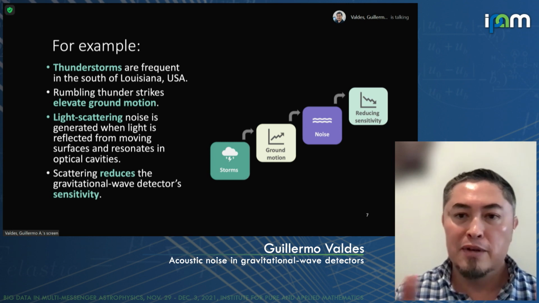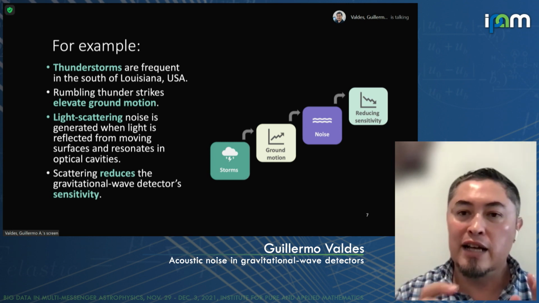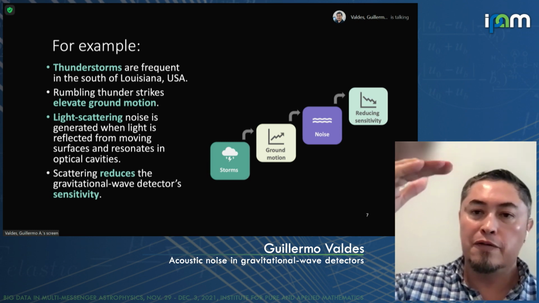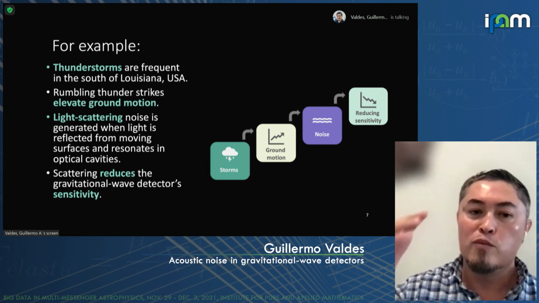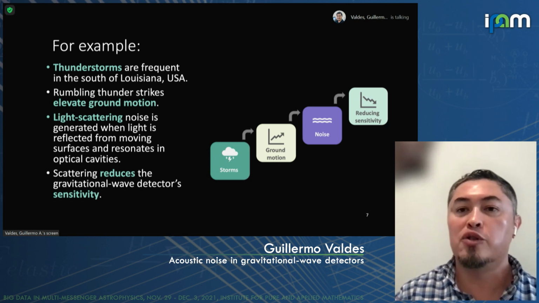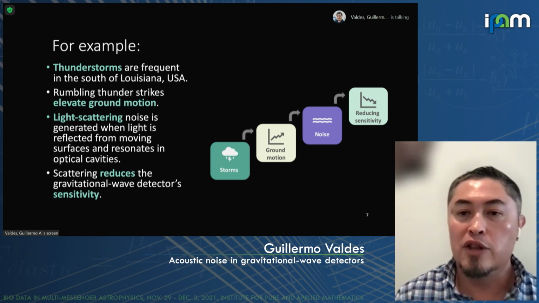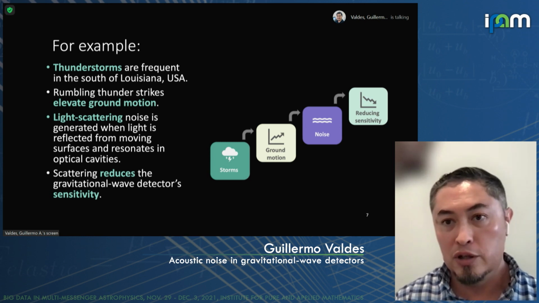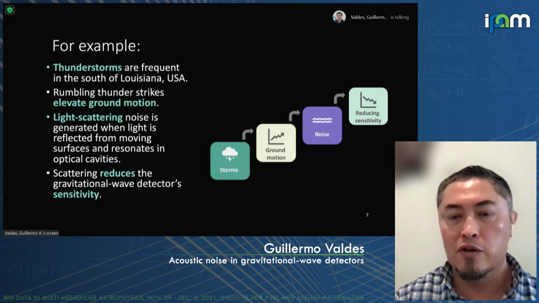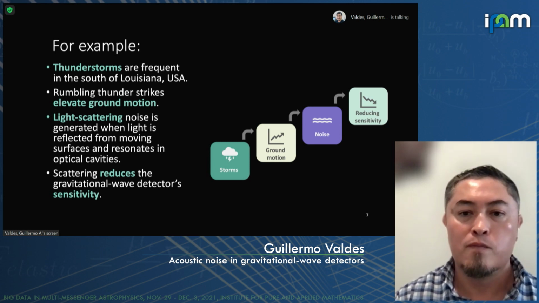So now you have this light also resonating. If this reflective surface outside the cavity is moving, you will have some noise in your cavity that is proportional to the motion of the surface. That's what we call scattering. In short, we call this scattering in LIGO. You have this kind of noise when you have optical cavities.